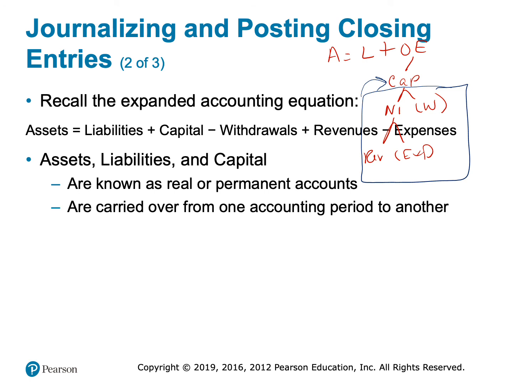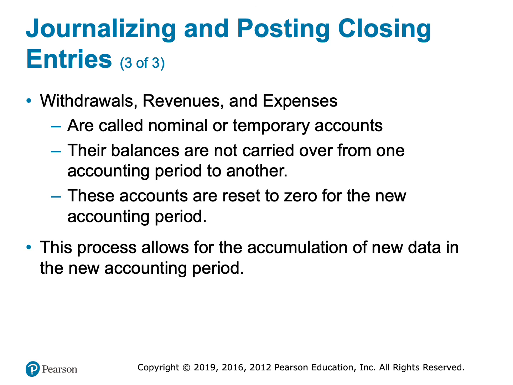So liabilities, assets, and capital, these accounts here are what we call our permanent accounts. They are on the balance sheet and those balances carry over. So withdrawals, expenses, and revenues, we call those temporary accounts, or you may hear them called nominal accounts. They have to be zeroed out at the end of every period.